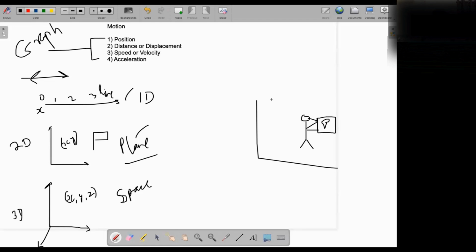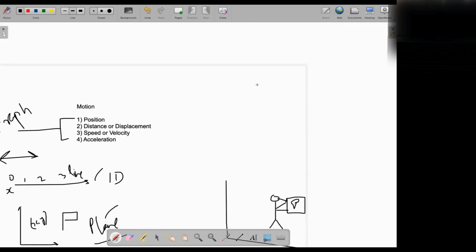Is that clear? So we have 1 dimension, 2 dimensions, 3 dimensions where we can give the position of any object. Now let's imagine I have a position A, and the object was initially at position B, and the object moves from point A to point B. Has it undergone motion?